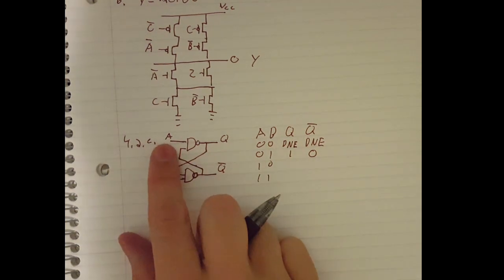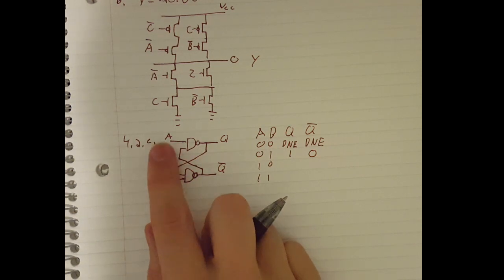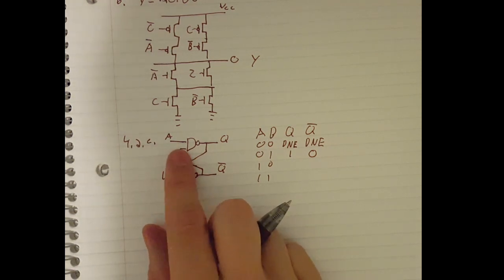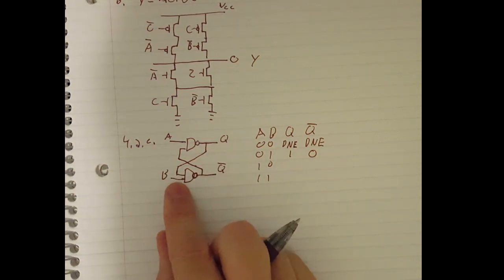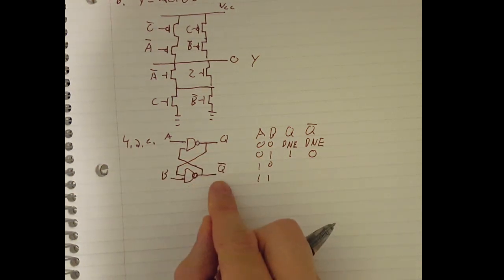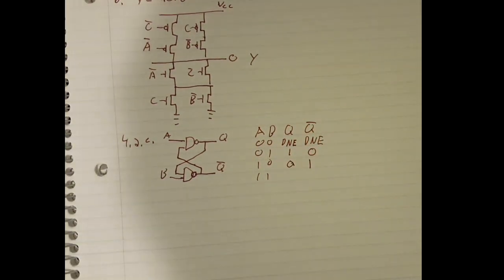If A is 1, and we assume Q naught is 1, Q would have to be 0. Q being 0 and B being 0 gives us a Q naught of 1, which is what we assumed it to be.